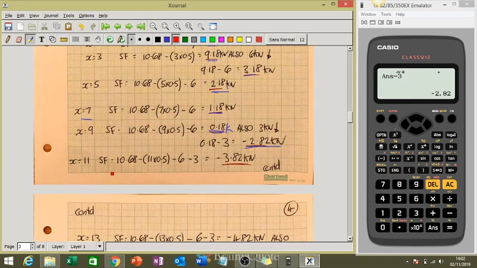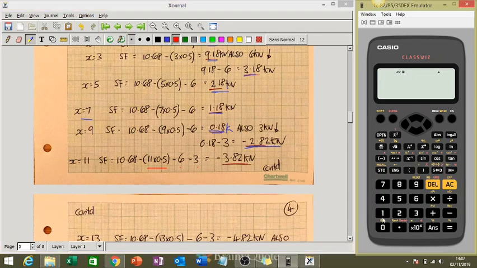So x equals 11, I've got the force coming up, this is my 11 meters worth of my UDL, point load coming down, point load coming down. So calculator, 10.68, take away my 11 meters worth of my 0.5, take away 6, take away 3. 3.82 kilonewtons. So it's a minus number, don't forget it. So that's my point at x equals 11.